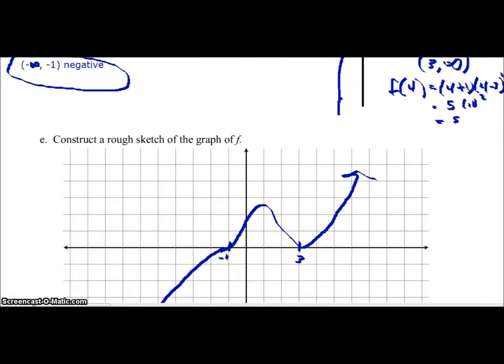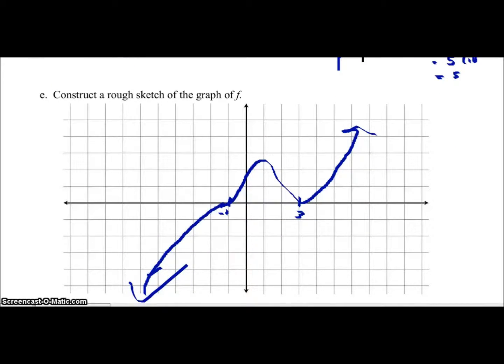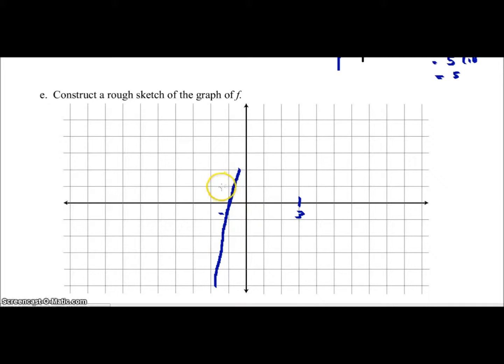We could graph it on the calculator to see more accurately how it looks. So looking on my calculator, I can see the graph, but it might be hard for me to sketch this. Not very good at all, but something like this.